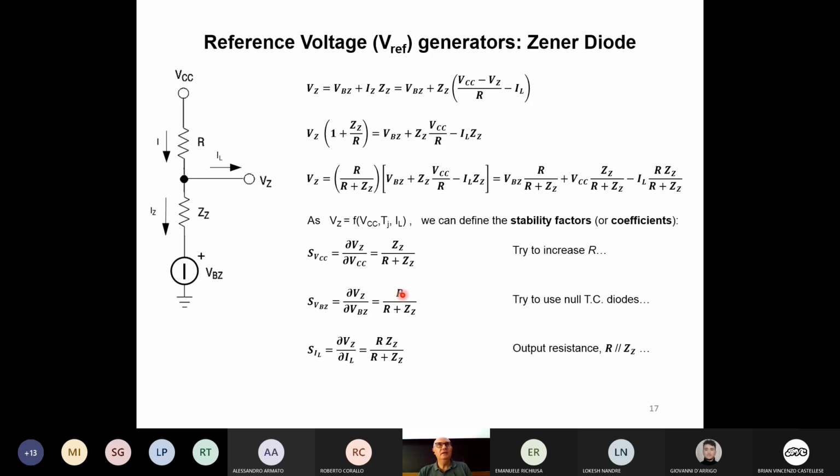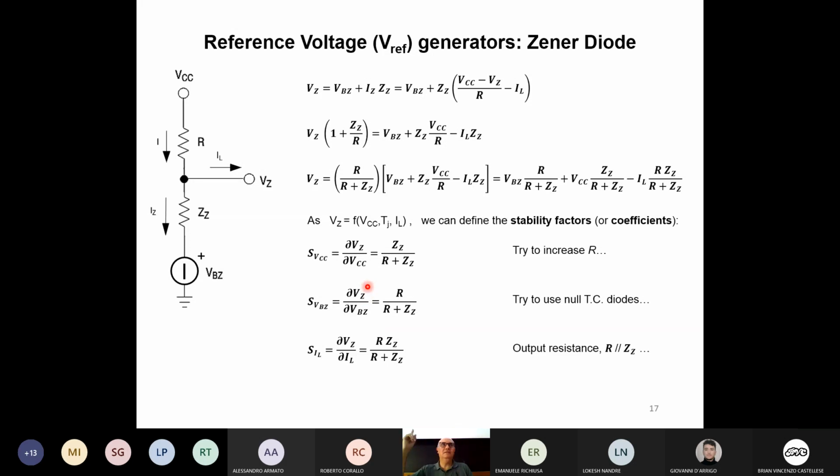If R is very big, the limit of this formula here for R going to infinite is 1. 1 means that all the variation of the breakdown voltage will be reported in the output. So I optimized the previous step, but I get the worst possible on the second step. All the variation in VBZ will go straight to the output voltage.